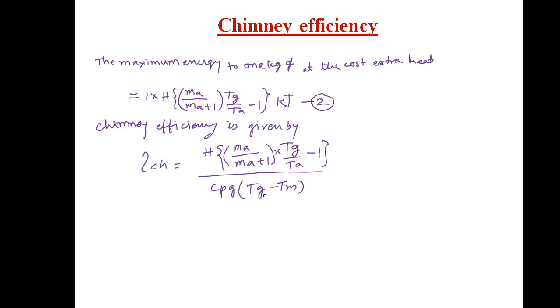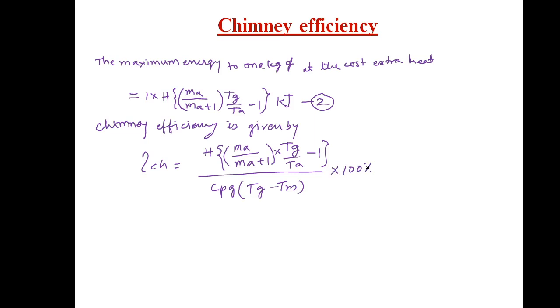So this is the extra heat energy carried by the gases to produce this much amount of draught. So this into 100 gives us the efficiency of chimney.